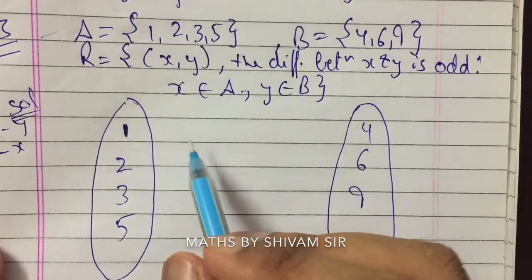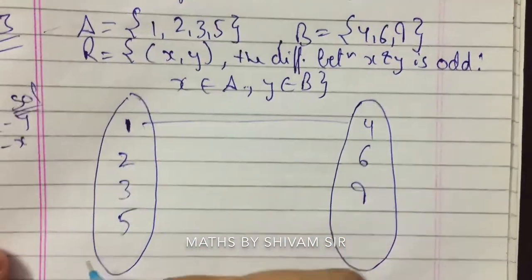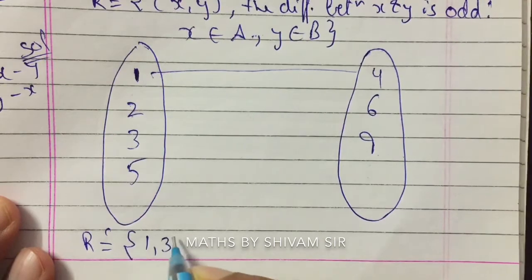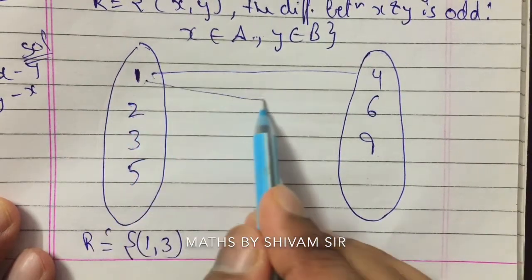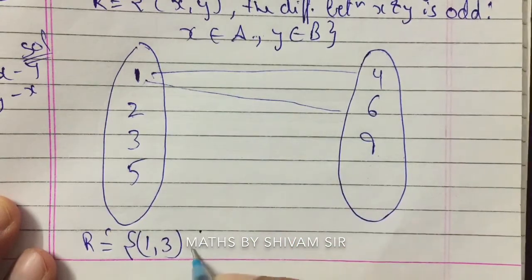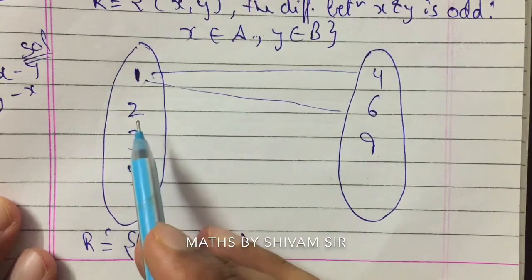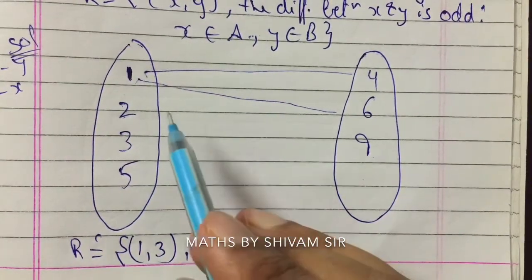Now see, the difference should be odd. So 1 minus 4 is 3, so one element we have is (1, 4), right? 1 and 6 is also odd, so next is (1, 6). 1 and 9 is not odd, so 1 minus 9 is 8, or 9 minus 1 is 8.